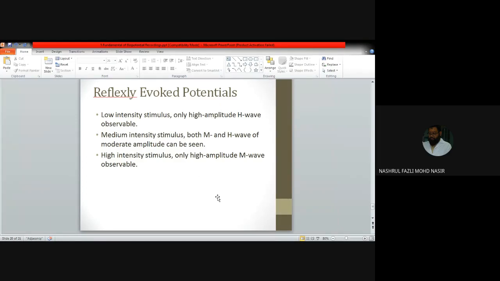A low intensity stimulus: only a high amplitude H wave is observable. Medium intensity stimulus: both M and H waves of moderate amplitude can be seen. High intensity stimulus: only a high amplitude M wave is observable.